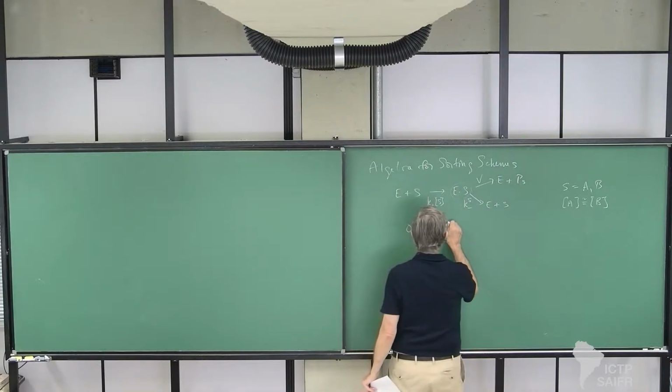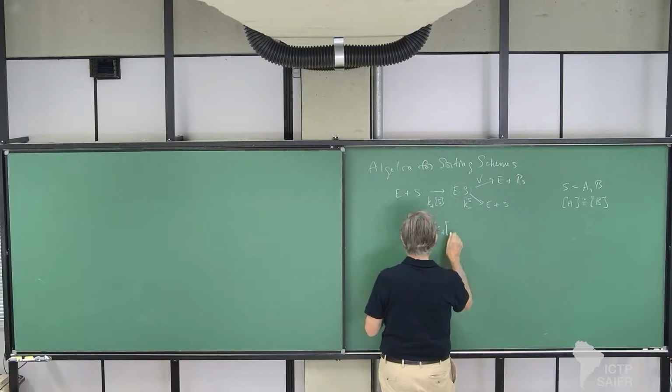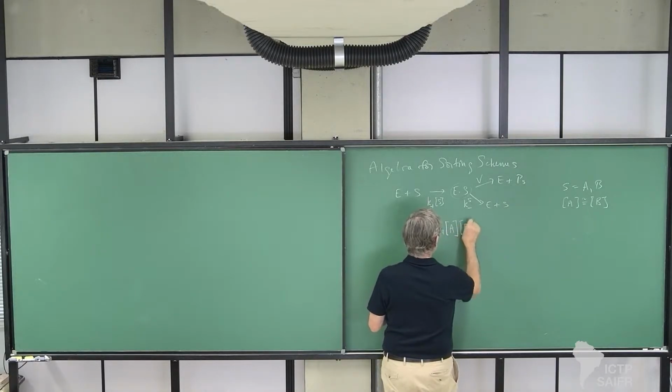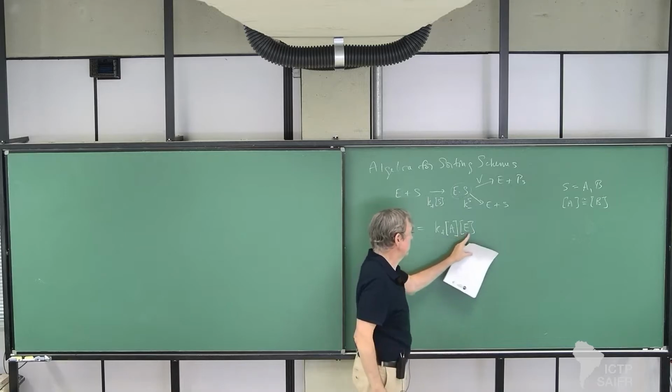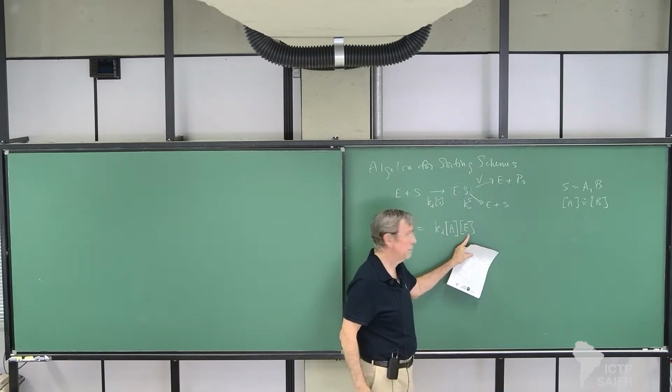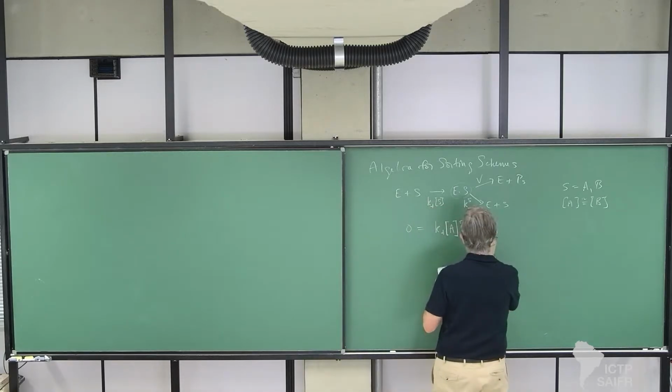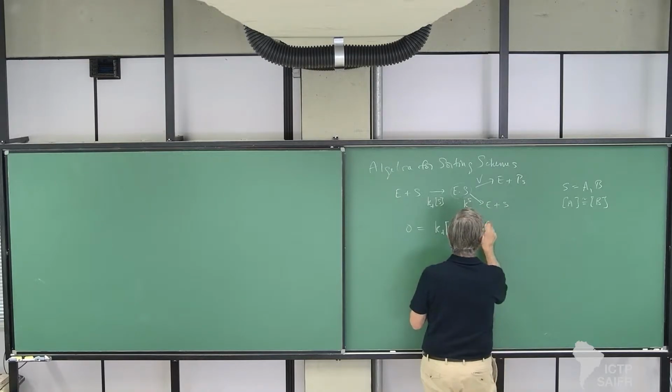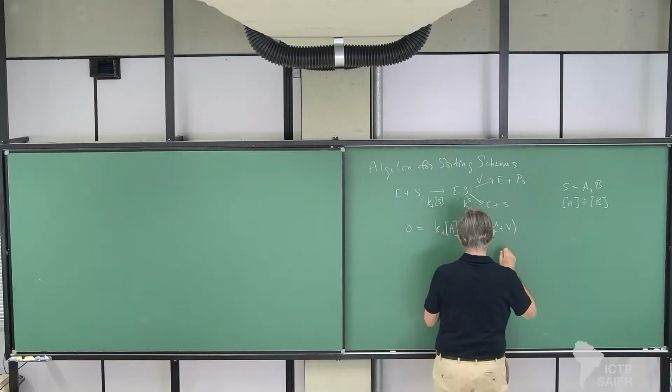So it's getting fed by the on rate. And of course, there are some number of enzymes present. So each one is being fed, so we have such a term. And then it's losing stuff from the off rate and making the product.